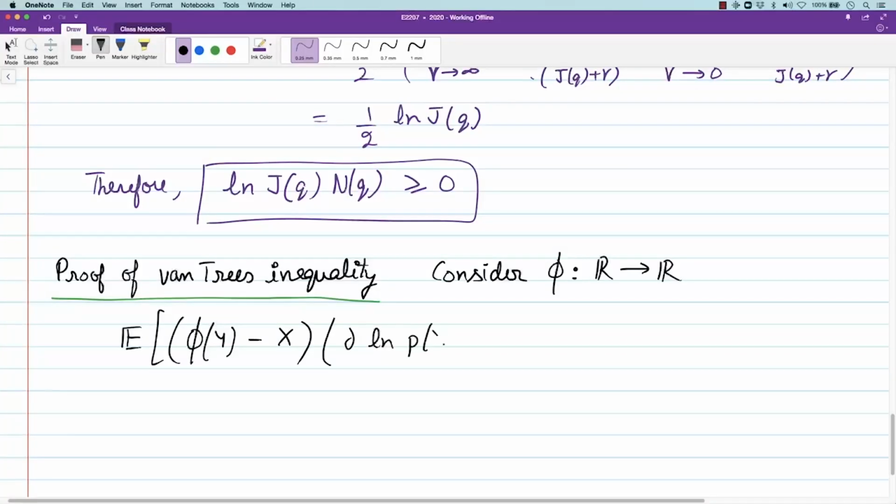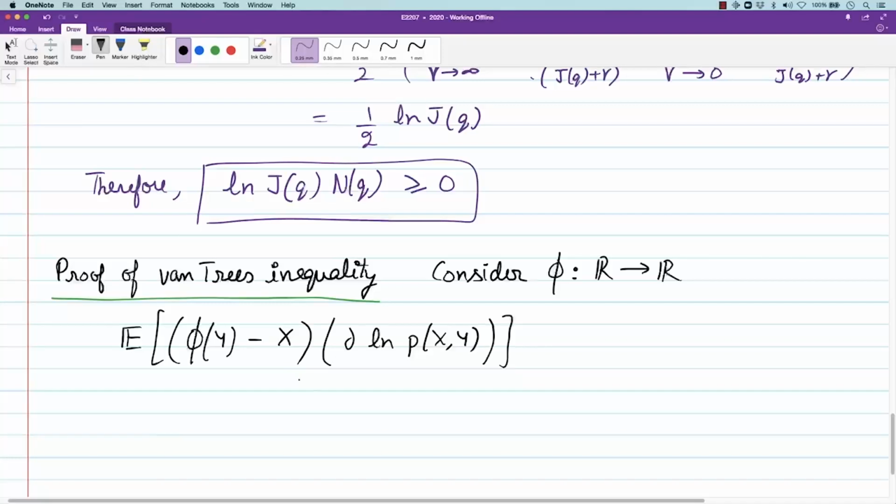Let's look at the joint distribution of x and y. This is the joint density of x and y. Note that for our application this joint density exists. This x has the density p, and then given x we have this Gaussian density gamma, so the joint density exists for our application, but the proof will give us something more general.